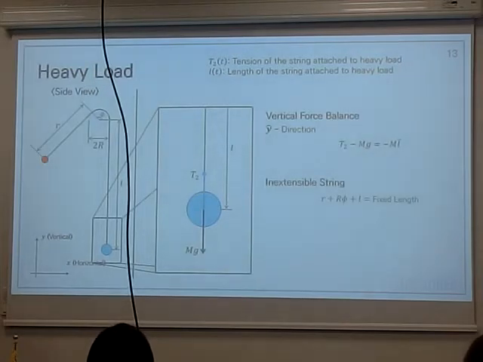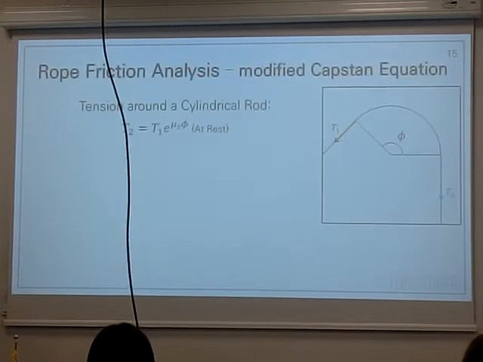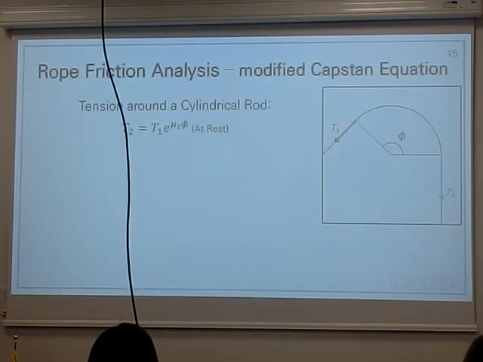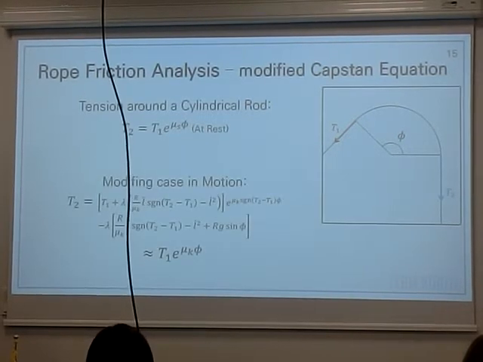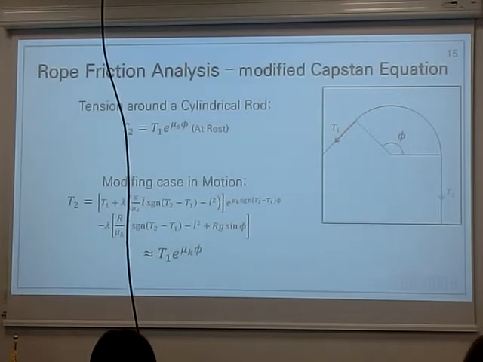And also, we can impose an inextensible string constraint. And for the rope friction, the tension around a cylindrical rod at rest can be described by the following equation, which describes an exponential increase of the tension related to the wound angle. This equation is applicable only for stationary cases. However, in dynamic cases, such as the slipping state that I talked about earlier, the relative motion between the string and the rod is non-zero.